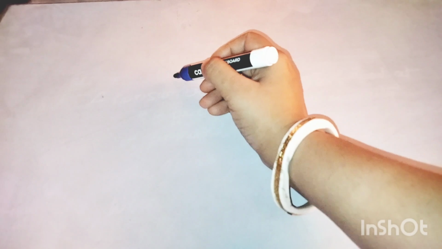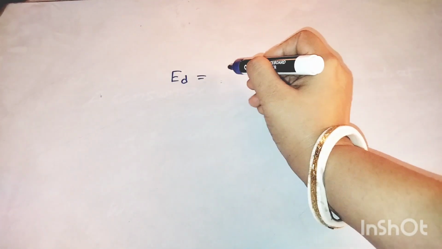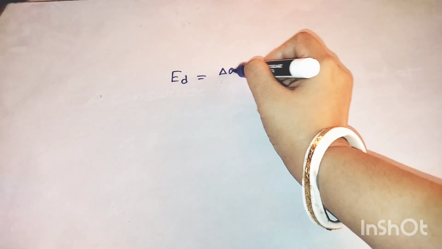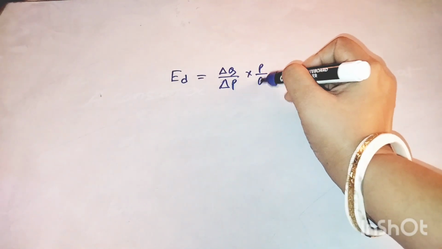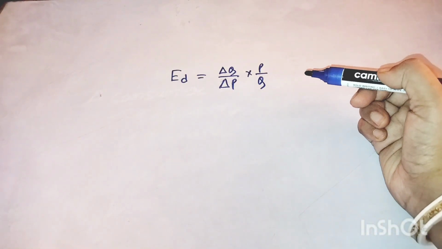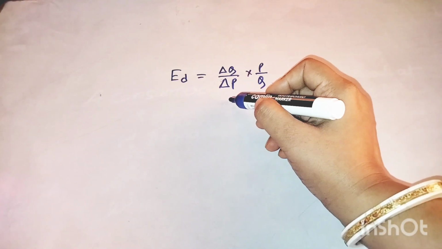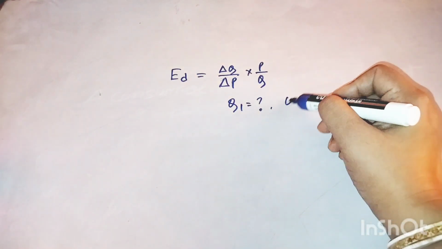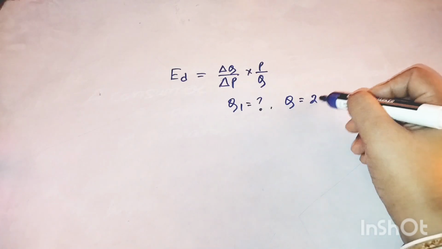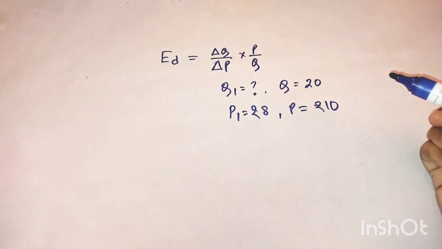Whatever is given in the question, first we are going to write down. First we write the formula of the price elasticity of the demand. ED will be equal to del Q by del P into P by Q. Okay, what is given here? Q1, you don't know. Q is 20, P1 is rupees 8 and P equal to rupees 10.